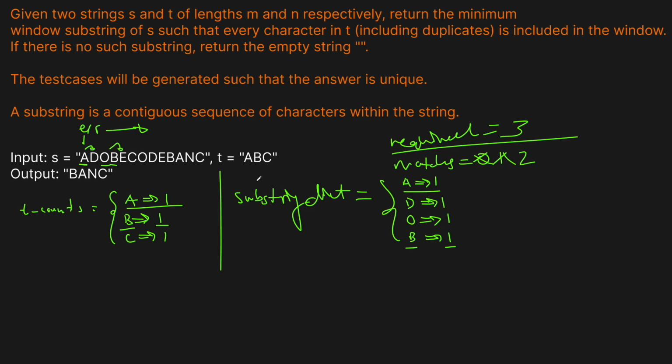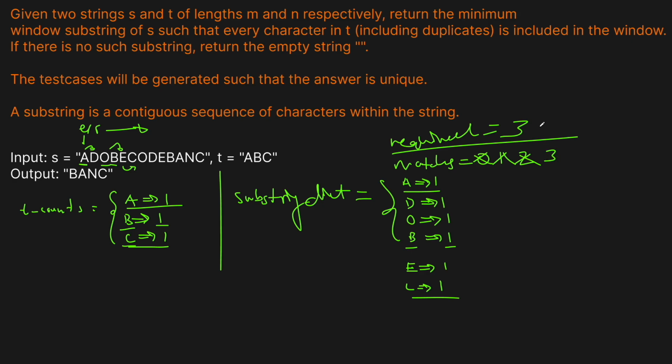So we move on to this E here. And obviously E gets added to our count for the substring, and its count is now 1. And because there's no E in t counts, we just continue. So then we get to the C here. The C count becomes 1. And now, because the C's match on the counts, we can say we have 3 matches.